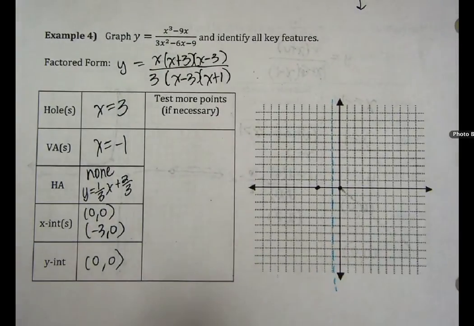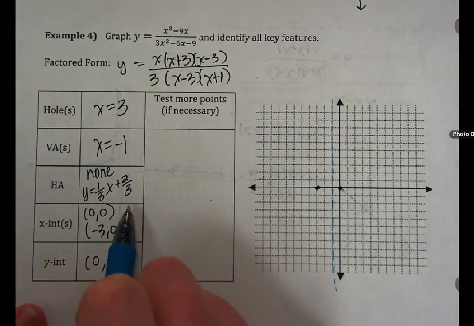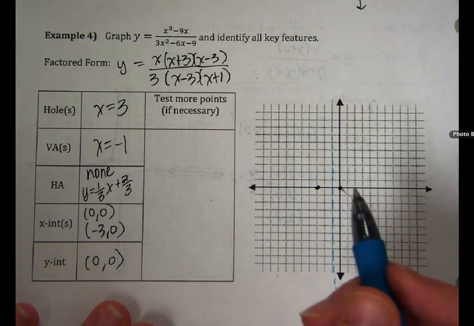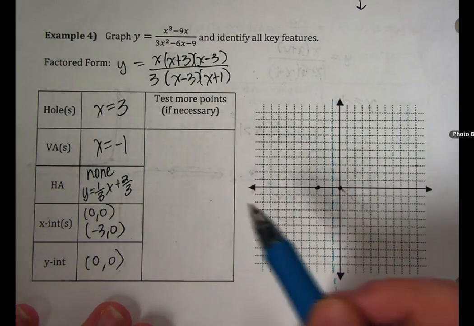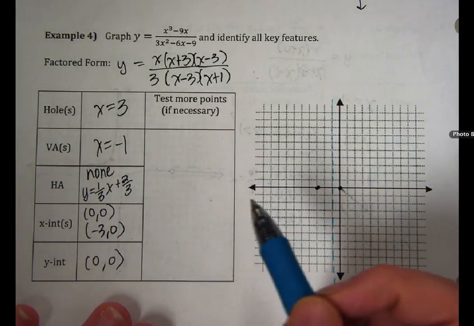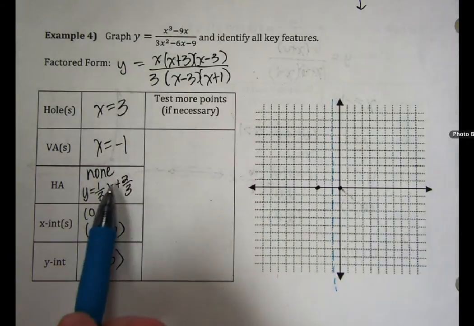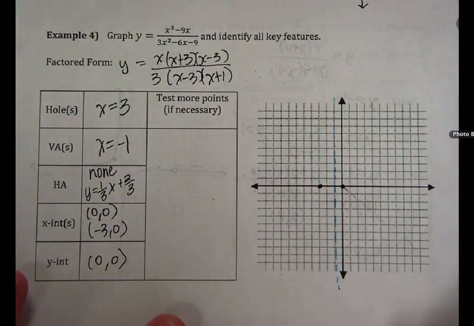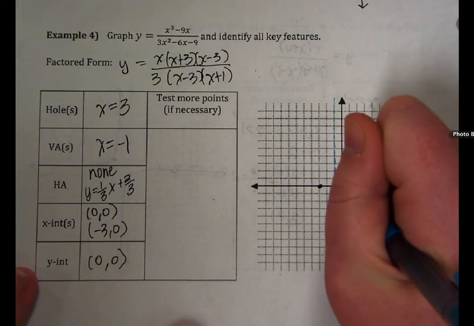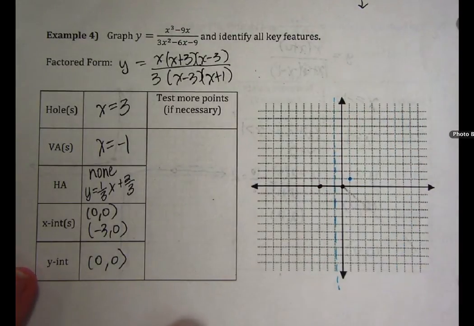Okay, we want to find some points to plot. I know it has a rational y-intercept, so maybe I try x equals 3. Should we try that? Oh, 1. Let's just do 1. Okay. So if x were 1, then it would be 1/3 plus 2/3, 3/3, or 1. So our oblique asymptote passes through 1, 1.